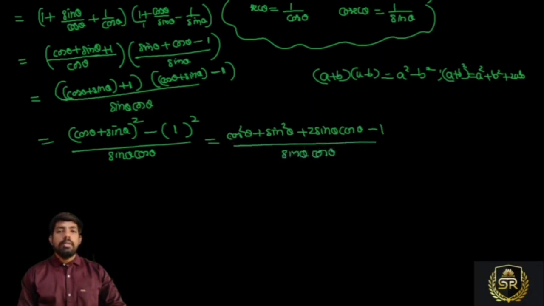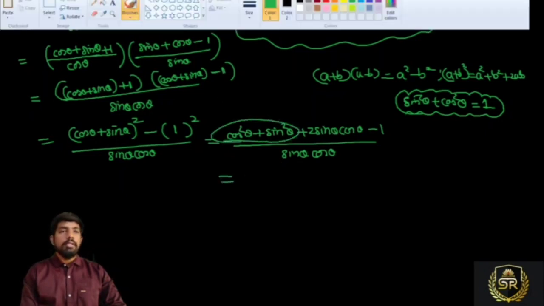Here we know the identity. First identity: sin square theta plus cos square theta is equal to 1. So this is 1.